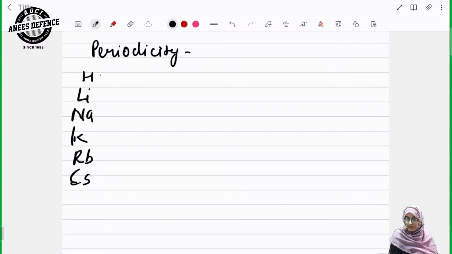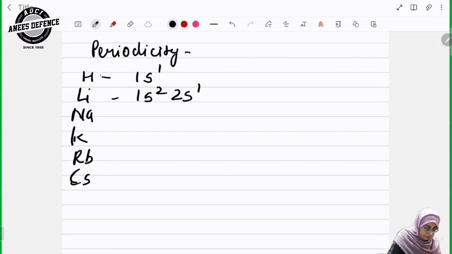The cause lies in their electronic configuration. We'll see the electronic configuration of these elements one by one. The electronic configuration of hydrogen is 1s1. Lithium is 1s2, 2s1. Sodium is 1s2, 2s2, 2p6, and 3s1.